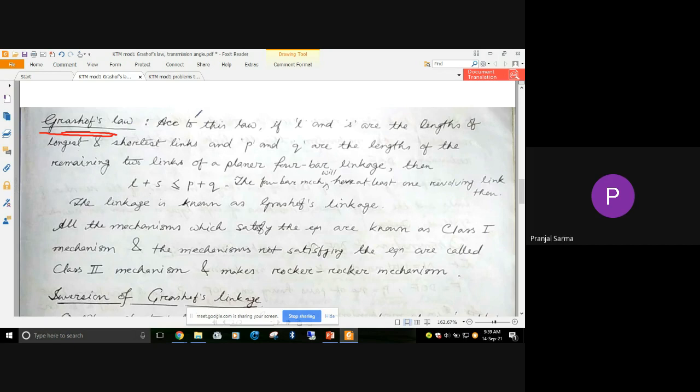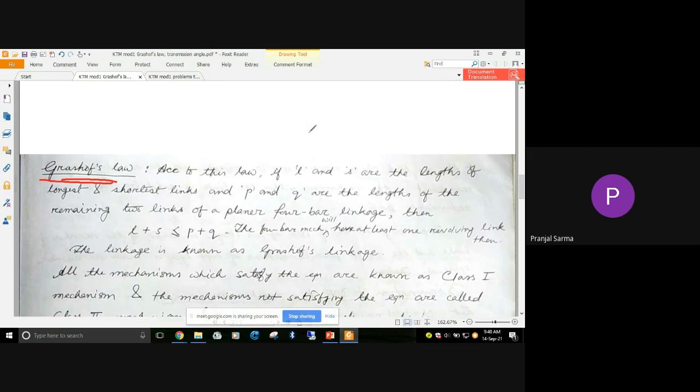Now according to this law, let's consider a planar four-bar mechanism. We have these joints, pin joints, and for it to be a mechanism, one link has to be fixed, which we show like this.